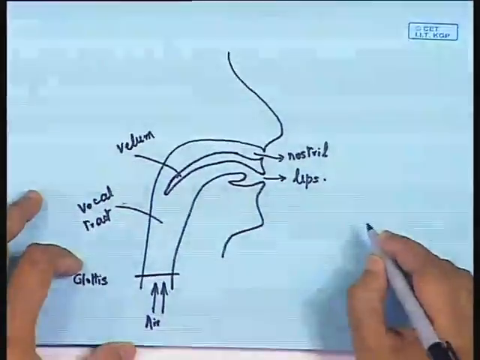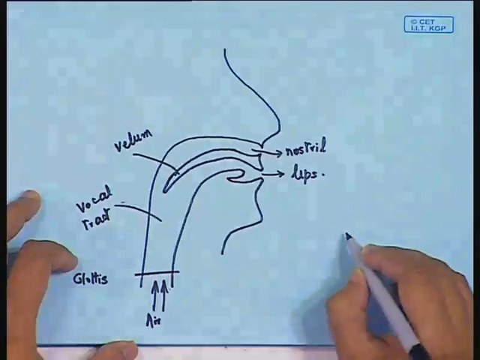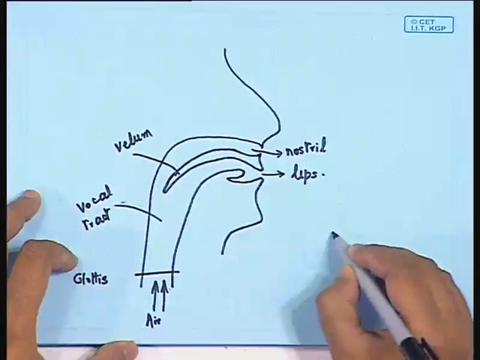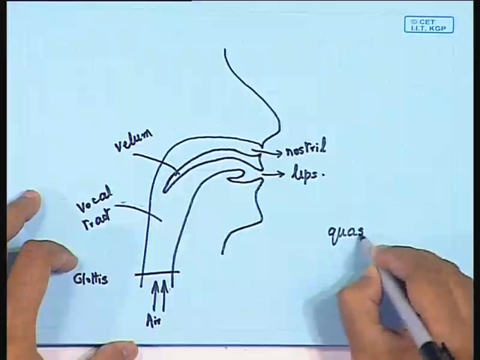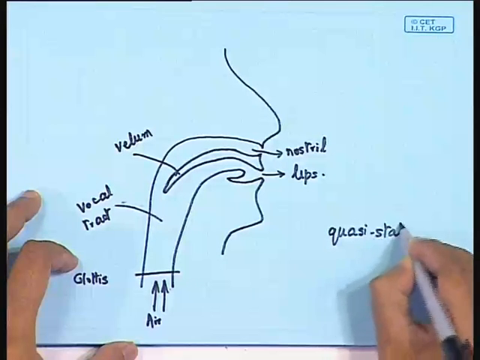So, there is only a short time analysis that we normally do with the speech signals. In fact, just to tell you at this point that speech signals are not exactly stationary. So, instead of stationary, we call it as quasi-stationary process.